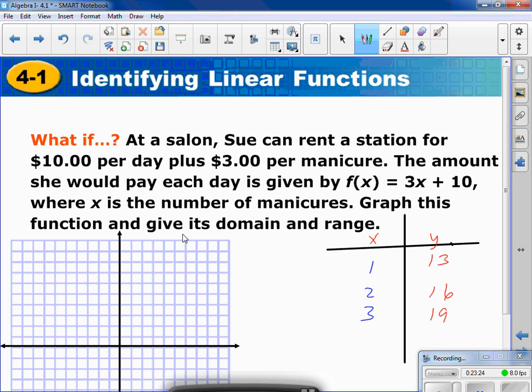Now, I can't fit this graph, so I'm going to count by twos. So 1 is 2, 4, 6, 8, 10, 12, 13. 16. And 19. And there's your graph.